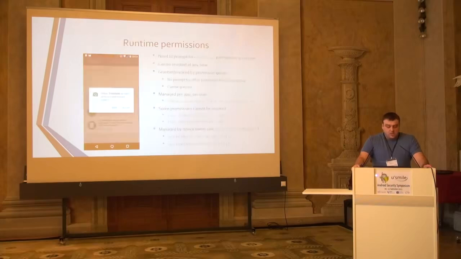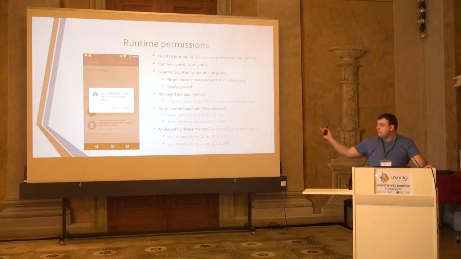of course. Runtime permissions, everybody's talking about this, so just briefly: you need to prompt for dangerous permissions, and they can be revoked at any time. They are granted by permission group, so if you request, for example, read contacts, the next time you request write contacts, you wouldn't get this dialog because they are in the same permission group.